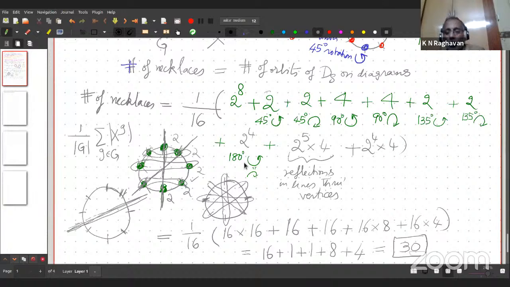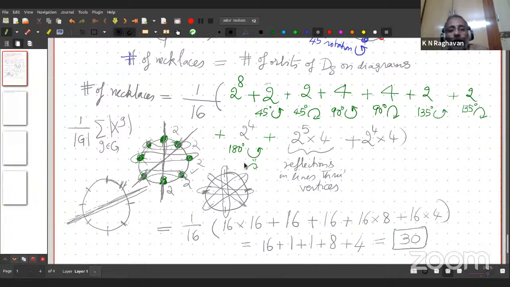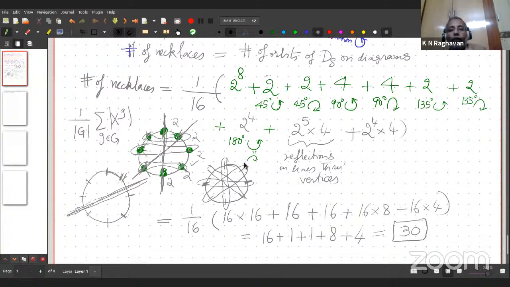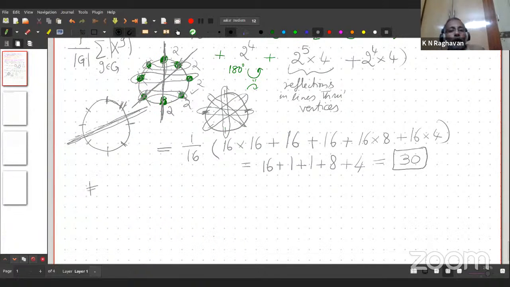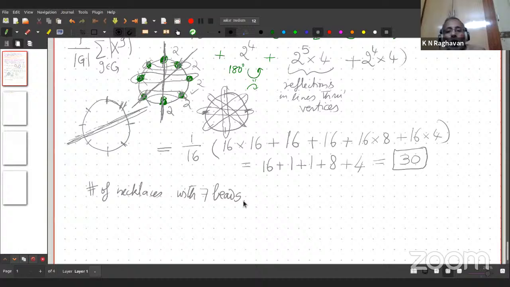Okay, so in the tutorial, we'll do it for 7, for example. Number of necklaces with 7 beads. I urge you to do this, and maybe 10 beads, or some other large number.